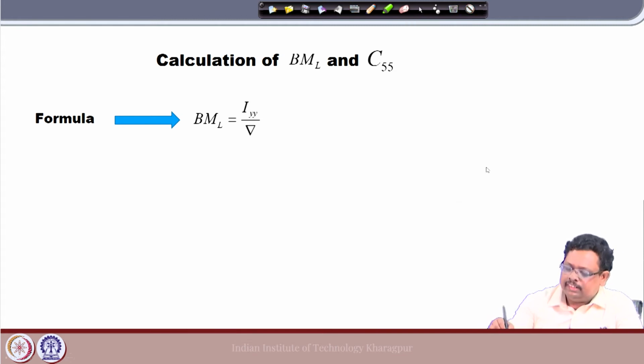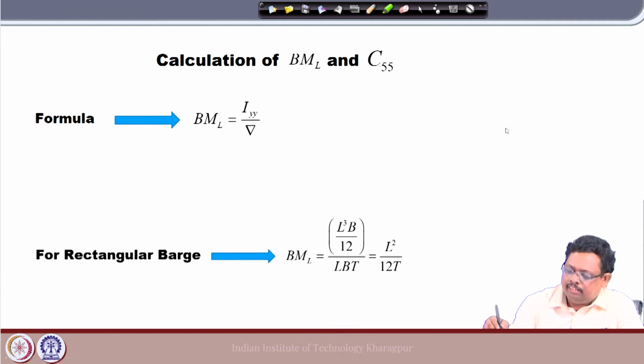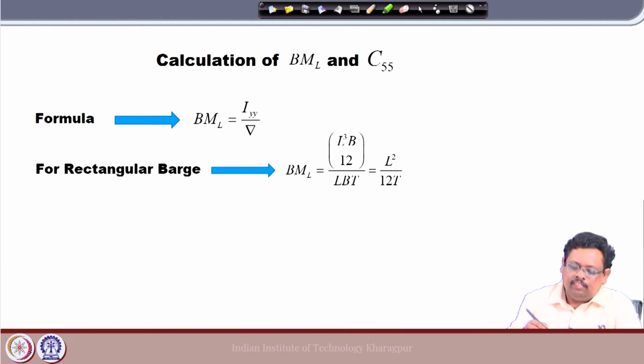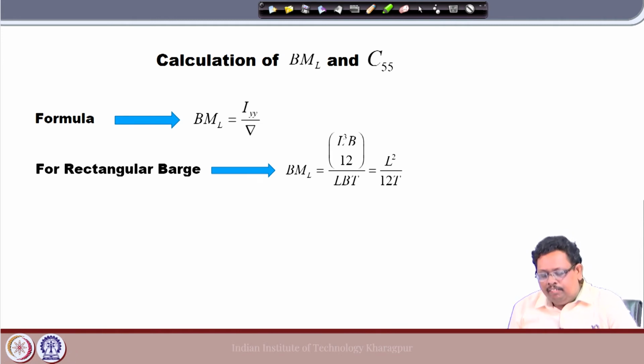For a simplified case, let us take a rectangular barge. This I y you know: it is L b cube by 12, everybody knows it. So that gives you the idea that BML is basically L square by 12 T. Now, why am I writing this? There is a purpose: to give you a rough estimation of the range of BML.